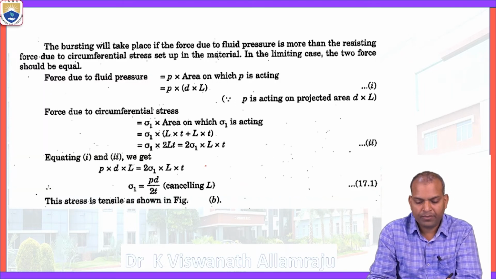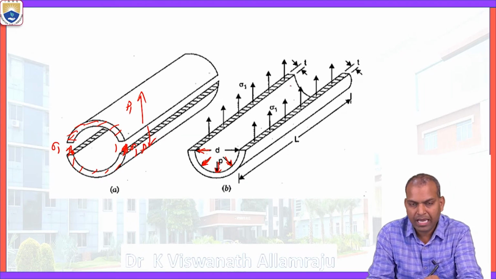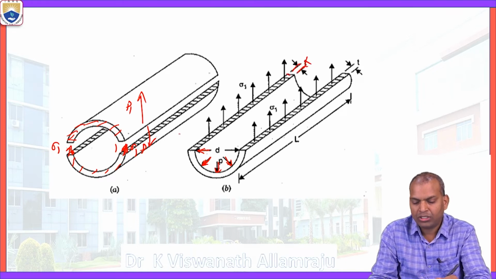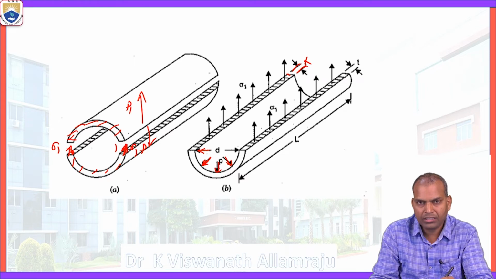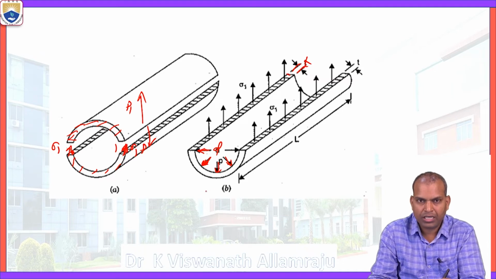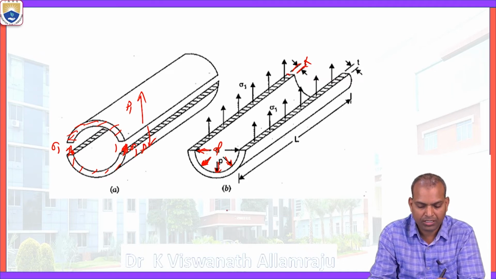So for equilibrium, the circumferential stress acts on the thickness of the shell and along the length, whereas the internal fluid pressure acts on the internal diameter of the shell.